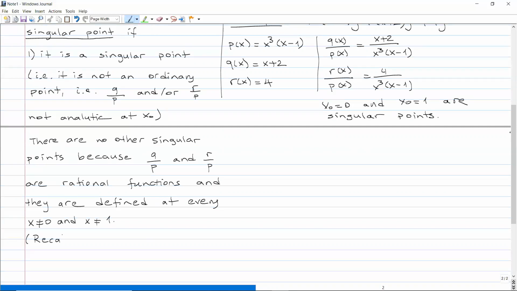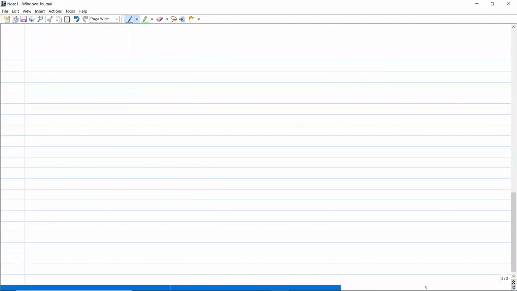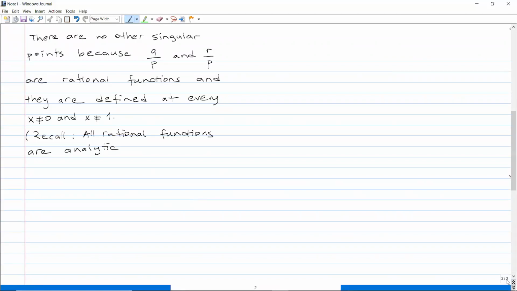Recall, all rational functions are analytic at points where they are defined.